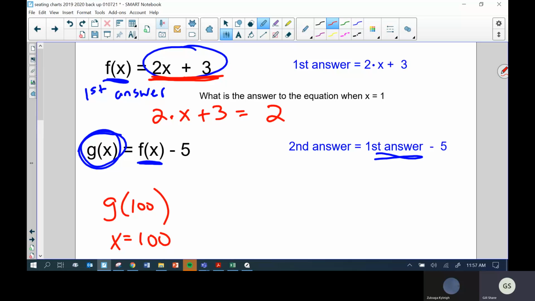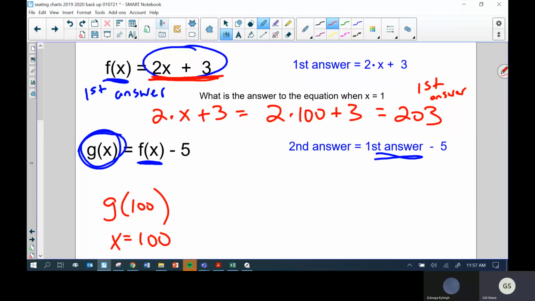So I need to take 2 times 100, because we said x equals 100, that's what that means. And then plus 3. So my first answer is just 203. I just took the first equation, plugged in 100 for x, and I got my answer. So this is my first answer.